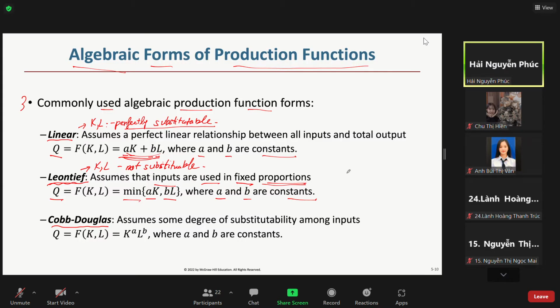Okay, so let me give you an example about the Leontief function. Suppose you have the example as follows. Look at the shoes. A very intuitive example is shoes. Suppose you have one left and one right shoe, so we will have one pair.